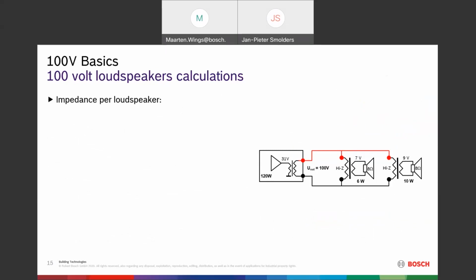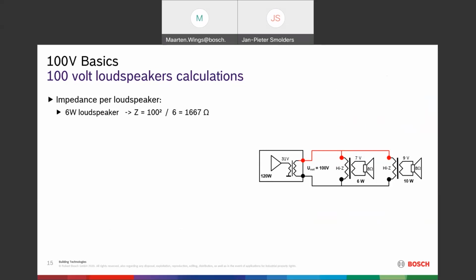Now, how do you calculate all this? It's basically the same as with a low impedance loudspeaker. Use the same equation. The impedance is then the voltage, which is 100 volts squared, divided by the power, right?